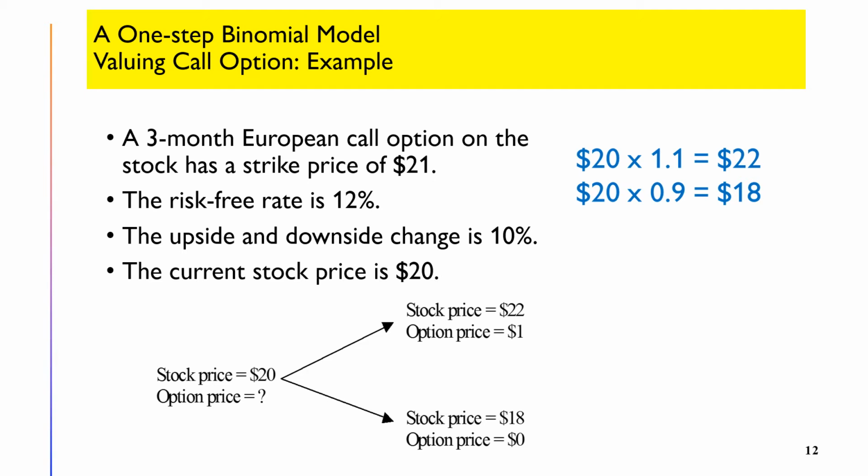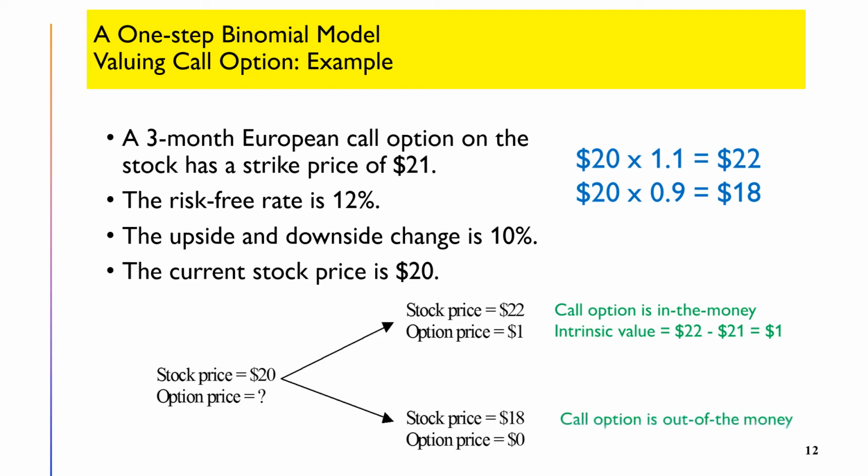When the share price is $22, the call option is in the money. The intrinsic value is $22 minus exercise price of $21, and the intrinsic value of the call is $1. When the share price is $18, the call option is out of the money. The intrinsic value is 0.